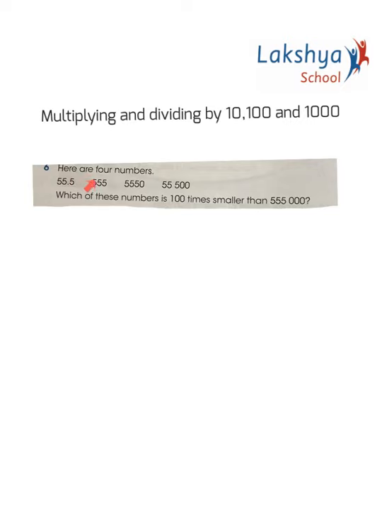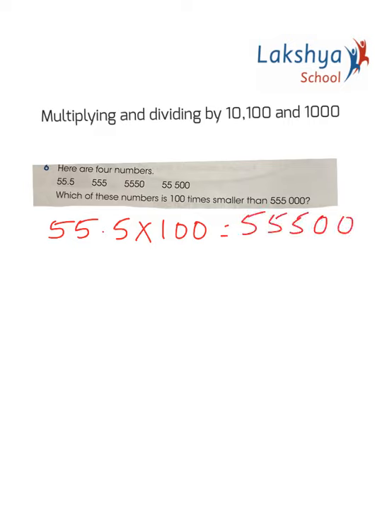Question 6. Here are 4 numbers. Which of these numbers is 100 times smaller than 555,000? Let's work out the numbers by multiplying it by 100. 55.5 multiplied by 100 gives us, we need to just write the number first, add the 2 zeros of 100 and then shift the point after a digit.